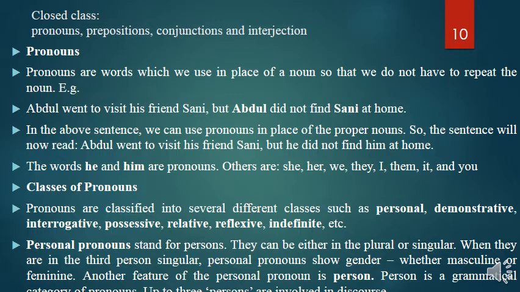When they are used in third person singular, personal pronouns show gender, whether masculine or feminine. Another feature of the personal pronoun is person. Person is a grammatical category of pronouns, and we have three persons: first person, second person, and third person.